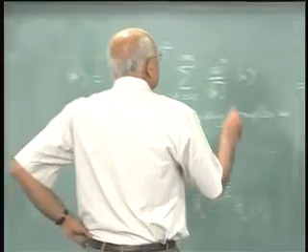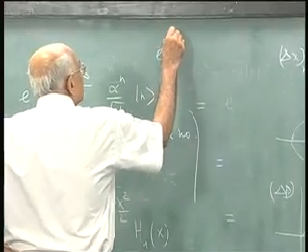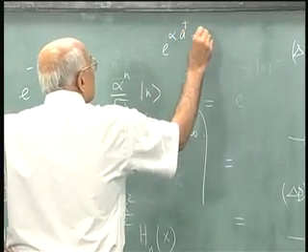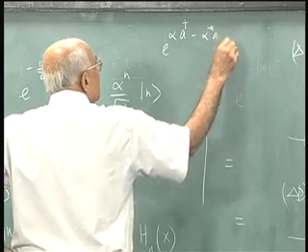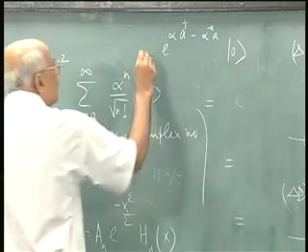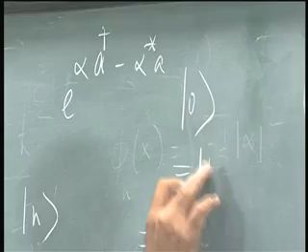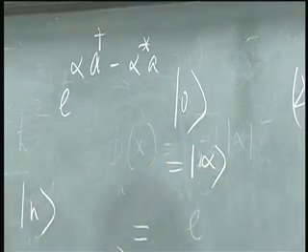You could ask what happens if I took this e to the alpha a dagger minus alpha star a, apply it on 0, and I get the coherent state alpha.